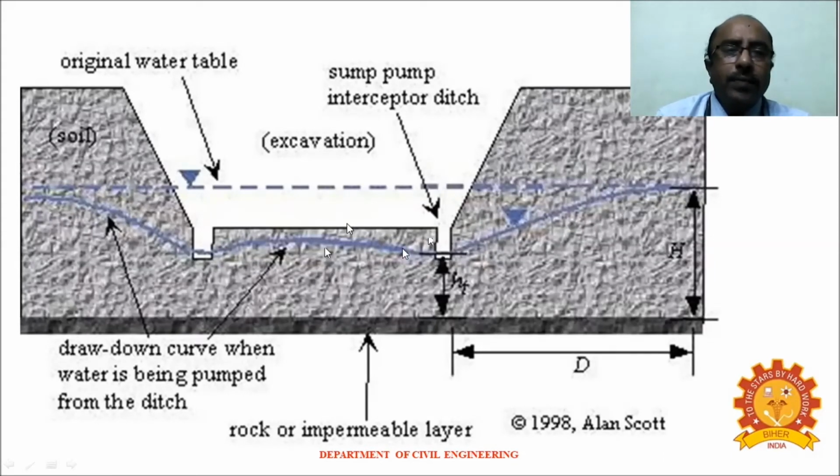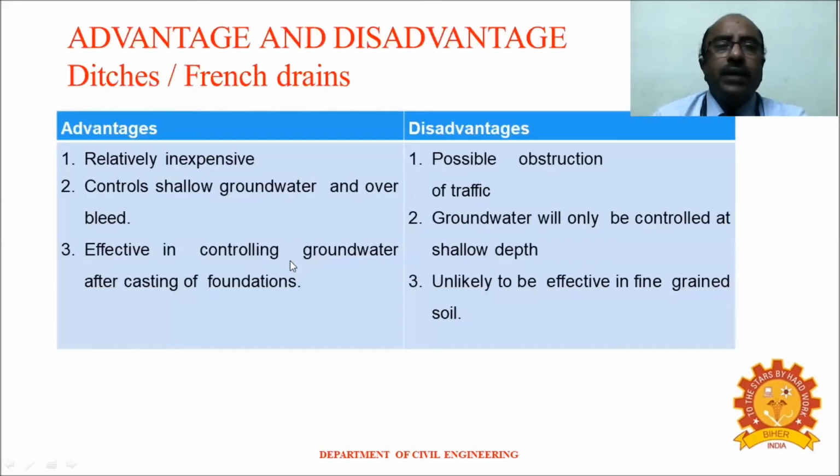Because of the water flowing through this ditch and being extracted from it, the existing or original groundwater table is lowered. Thereby, we can do the excavation here. And here, there may be an impermeable layer. So this is how the ditches work.